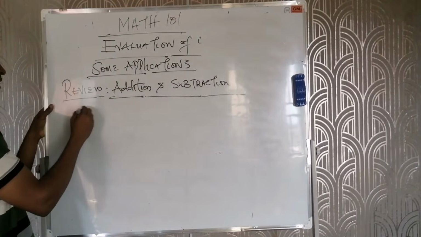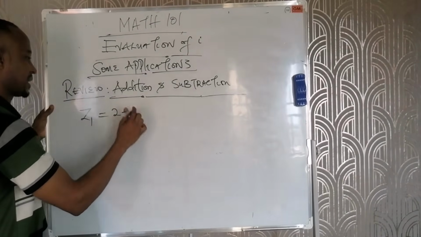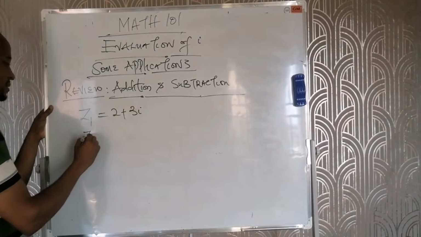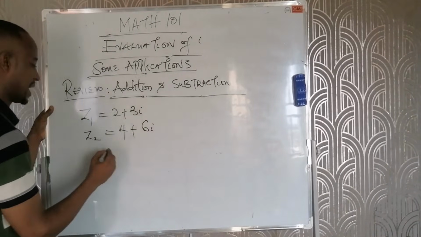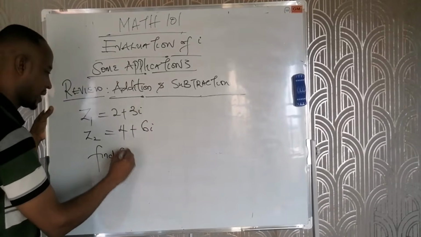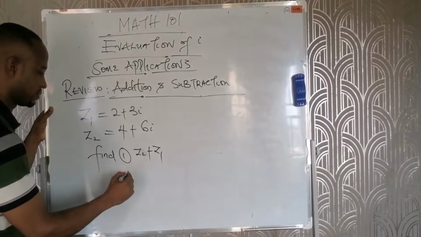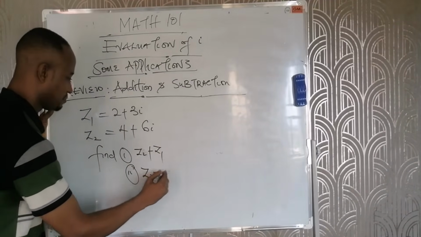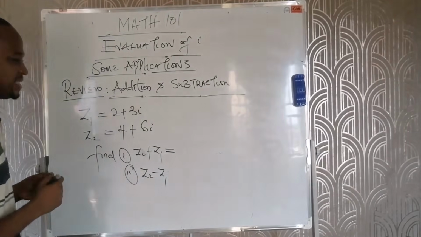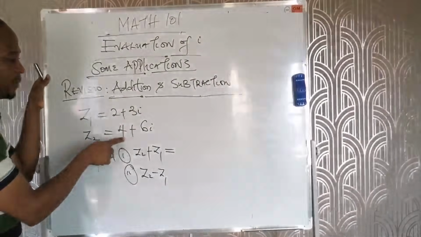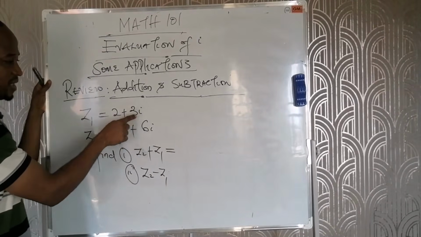For instance, if we are given that Z1 equals 2 plus 3i, then Z2 equals 4 plus 6i. And we find number 1, Z2 plus Z1. Number 2, find Z2 minus Z1. This is very simple. Now, to solve, addition of complex numbers means I will add up the real part with the real part, then add up the imaginary with imaginary.